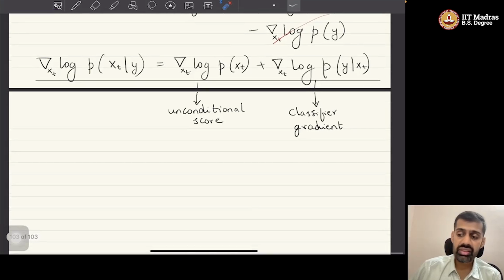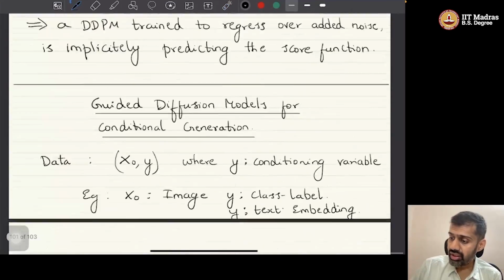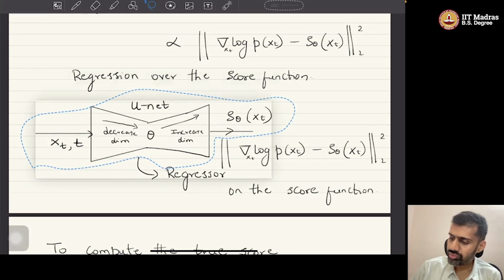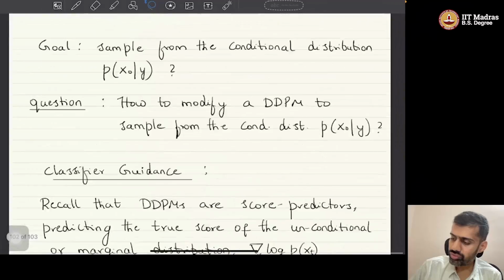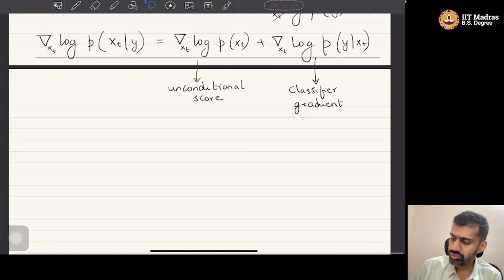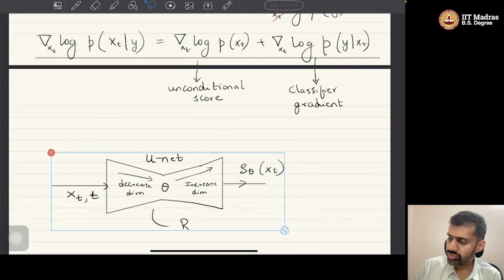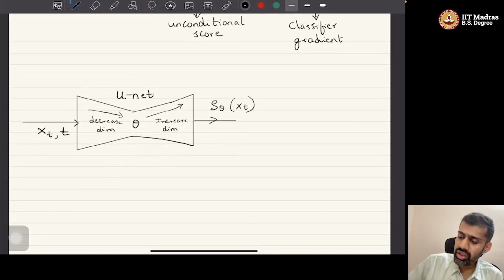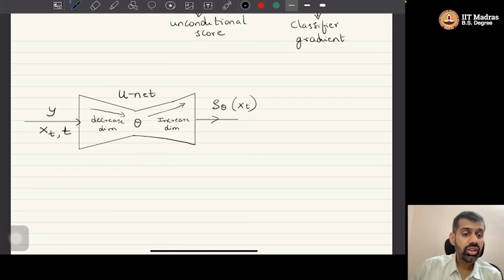Now we'll have to just implement this in our DDPM, right, to be able to sample from the conditional score. Now how do we do that? So let us get back to our score estimator. Because it's a conditional sampler, we just have to give y also as an additional input while we are predicting.